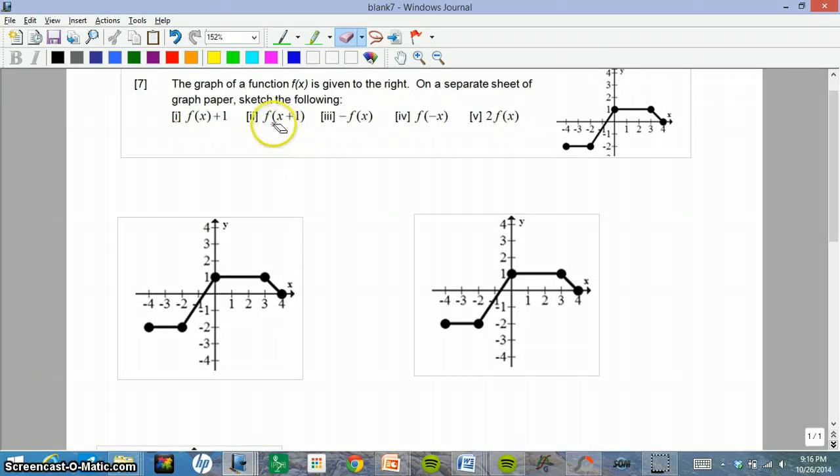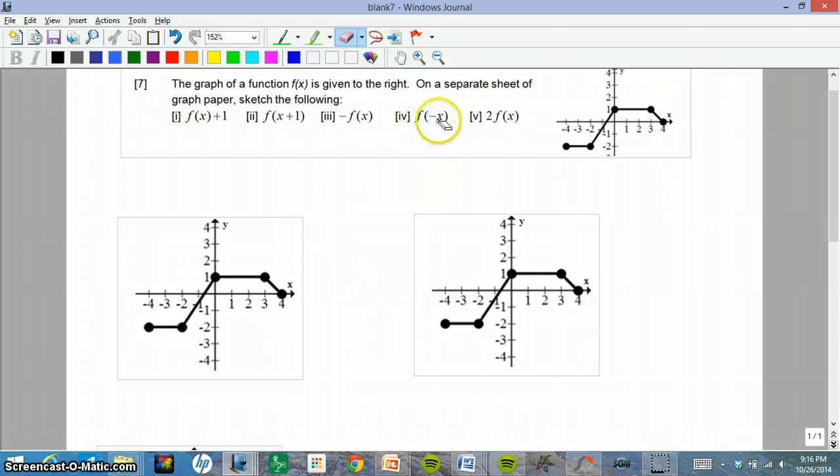Number 2, f of x plus 1, we're actually adding 1 to the input, which will be a horizontal translation, left 1 unit. Number 3, the opposite of f of x. So we are multiplying the function by -1, an invisible 1 out here, so -1 times the function will be a reflection over the x-axis.